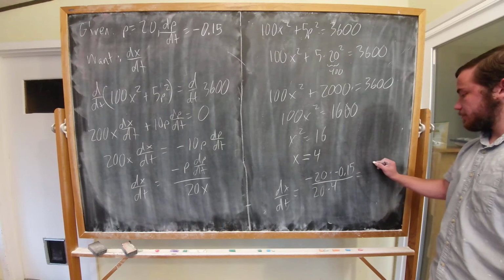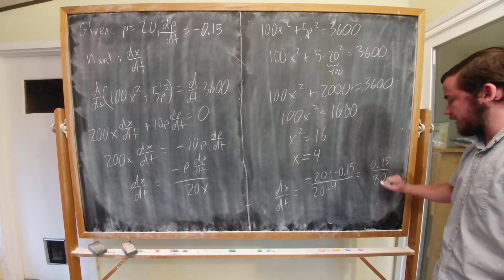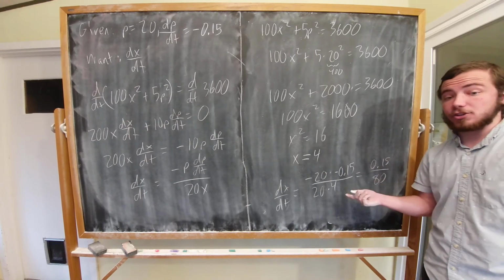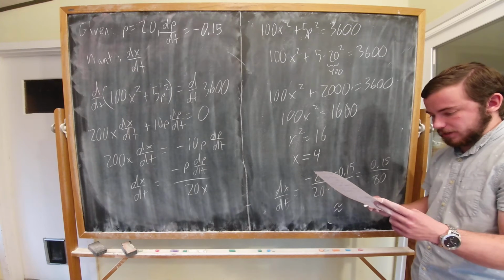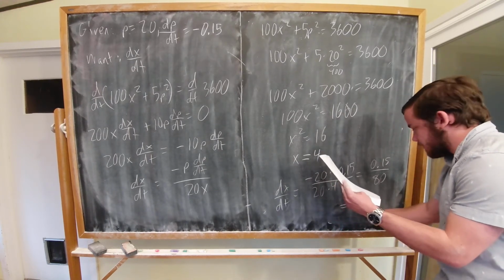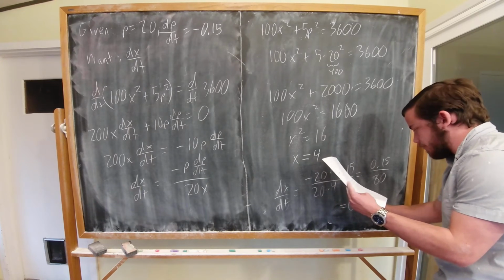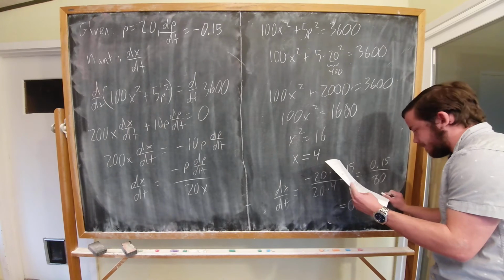So in other words, positive 0.15 divided by 80. If you wanted to compute that with a calculator, it would give you 0.0375.